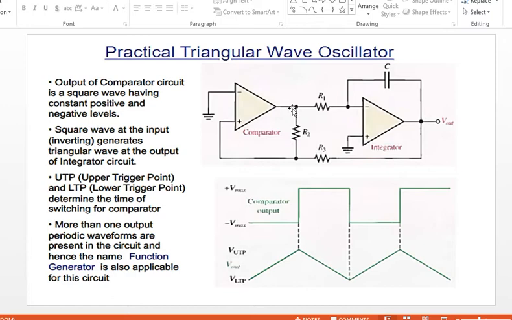Whatever is the output of the comparator, you are taking the final V output back and feeding it with the help of a voltage divider to your positive terminal, right?